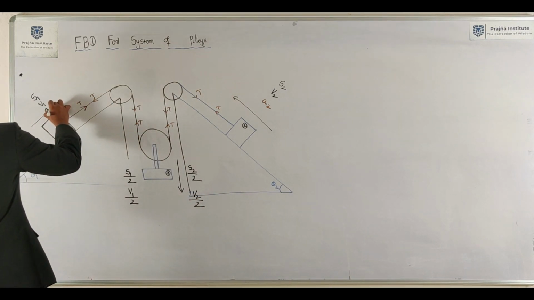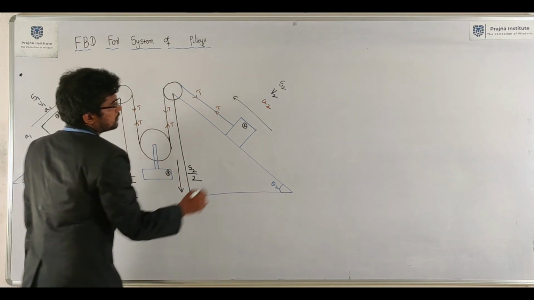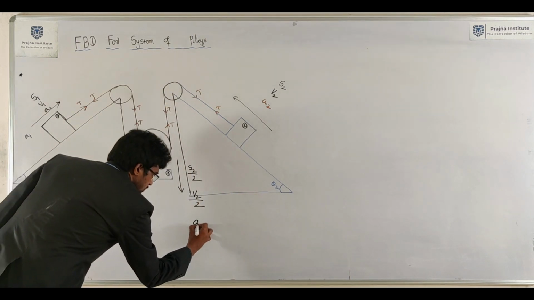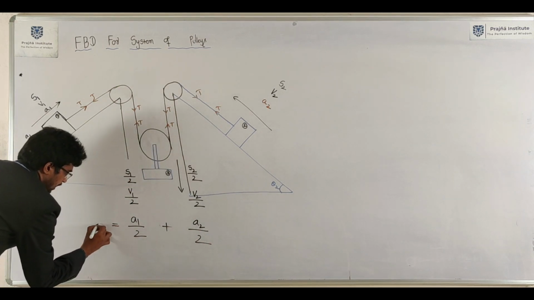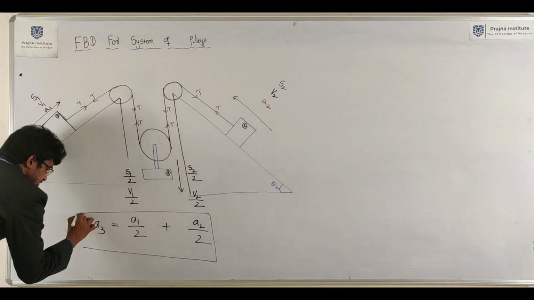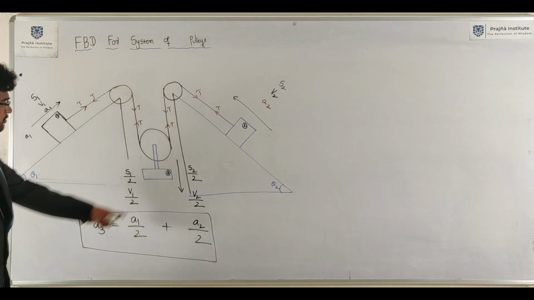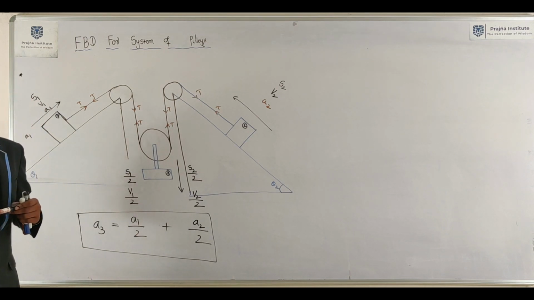If it is A1, here it is A1 by 2. A2, A2 by 2, and this will become A3. So acceleration of block 3 equals A1 by 2 plus A2 by 2.